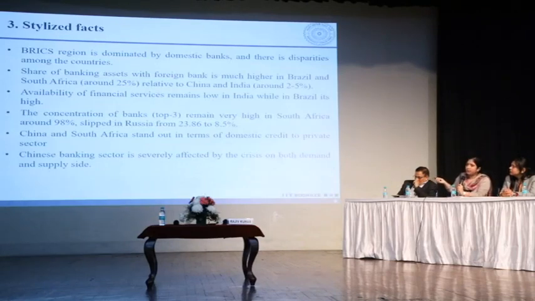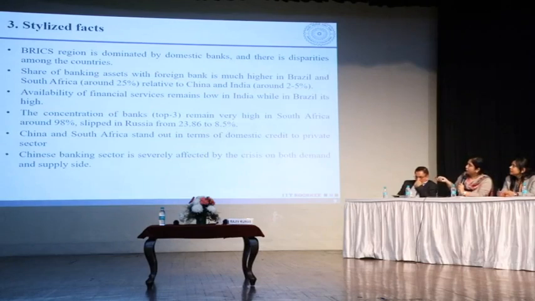Then some of the stylized facts. I will not put much emphasis on these because Shri Ajit sir has already made the comparison of the state of India with China and some of the other BRICS nations. The point I will highlight here is that the BRICS region is mainly dominated by domestic banks, and the concentration is more with the public sector banks within the region.